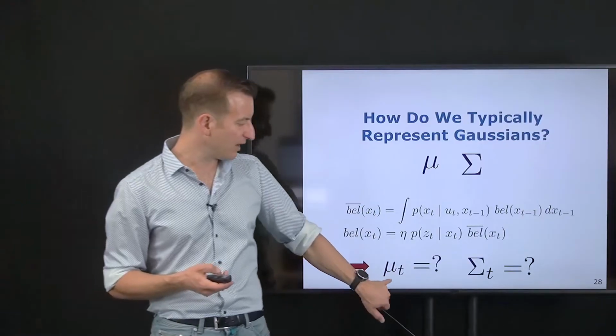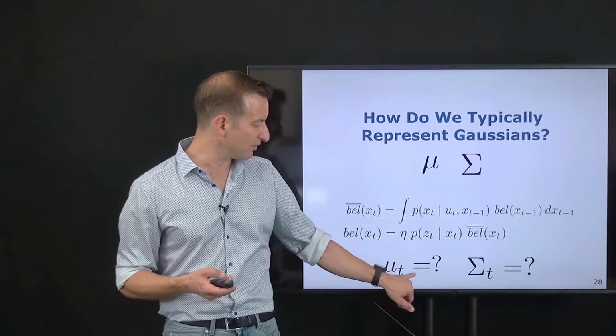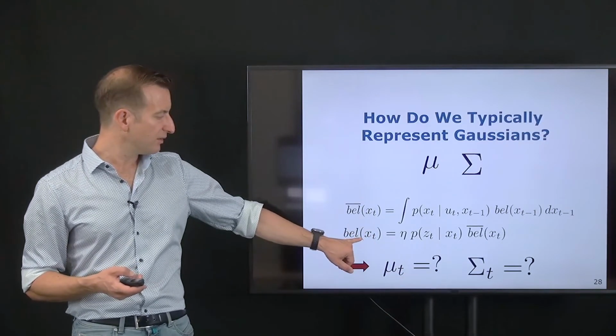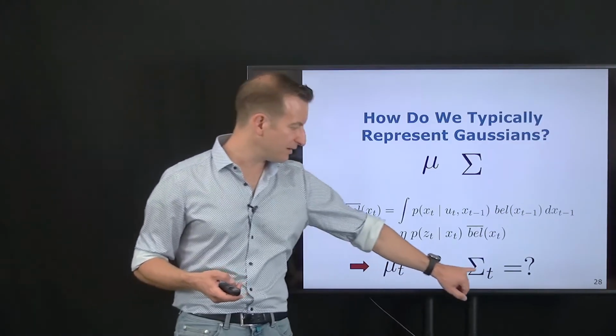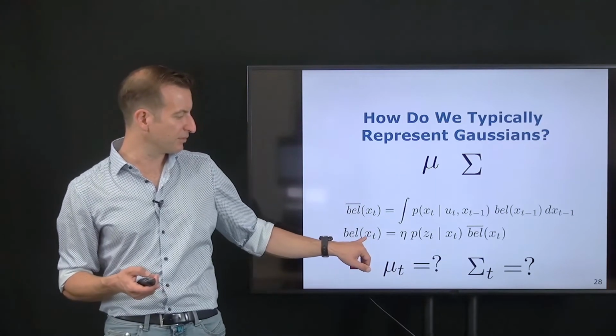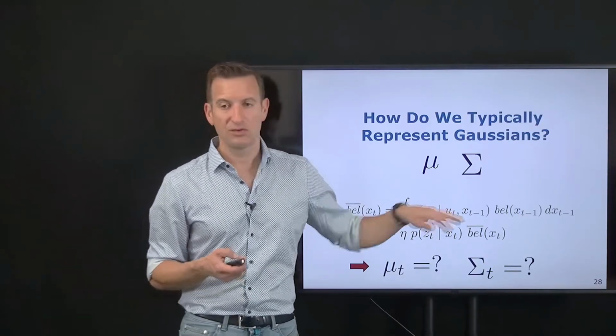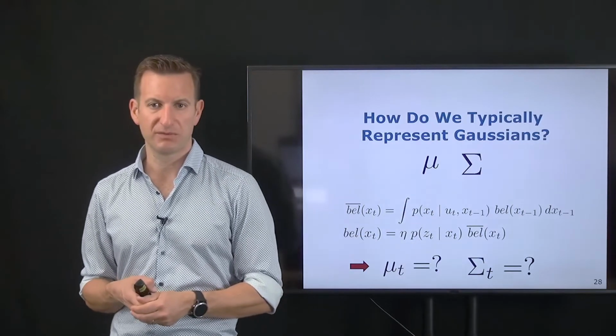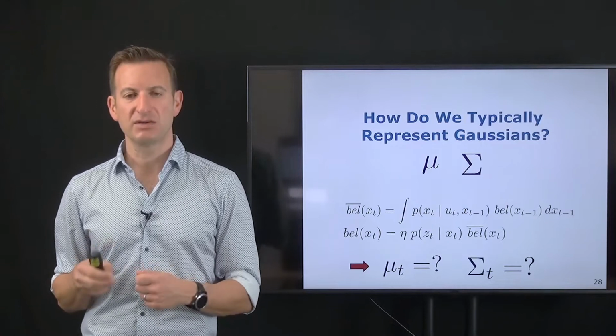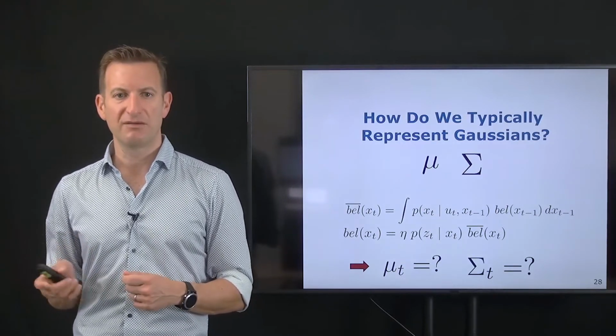So the main question is, how does this look like? The mean of the current belief and the covariance matrix of the current belief, relating that to all the Gaussian distributions of the previous belief. And that's the thing that we actually need to sit down and derive by hand.